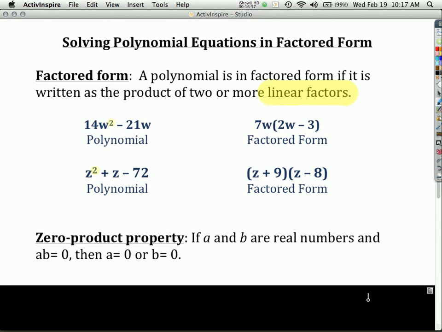Now, there is an idea that allows us to actually do this, and it's called the zero product property. If you have two numbers that are being multiplied, and you know that the result is going to be 0, then one of the numbers must be a 0.